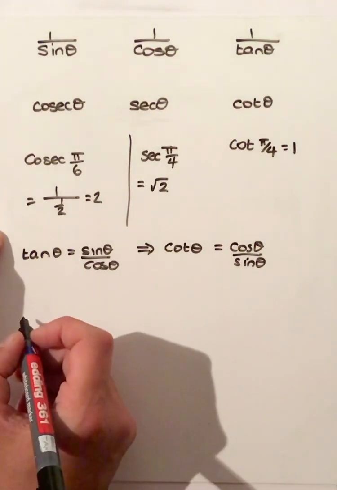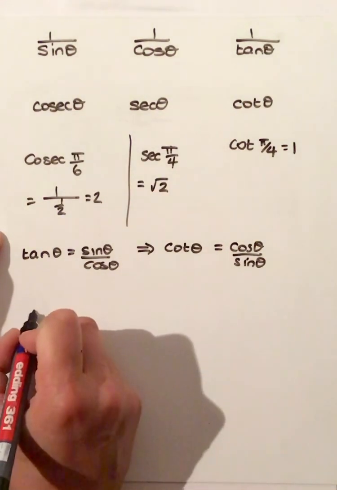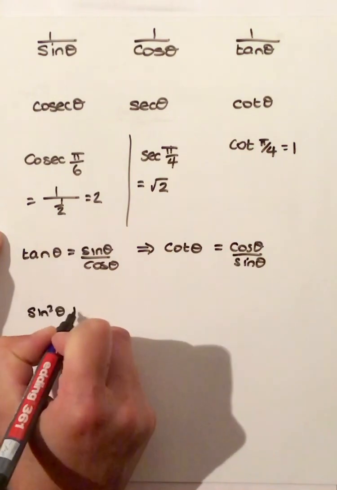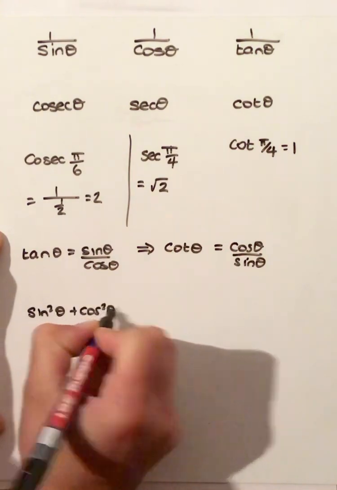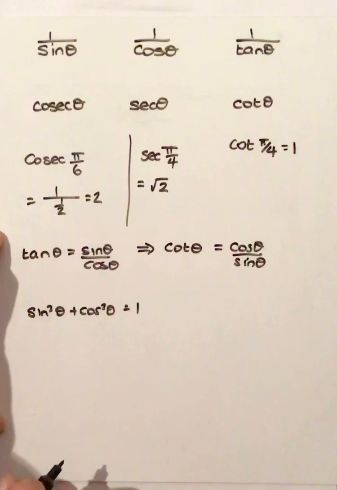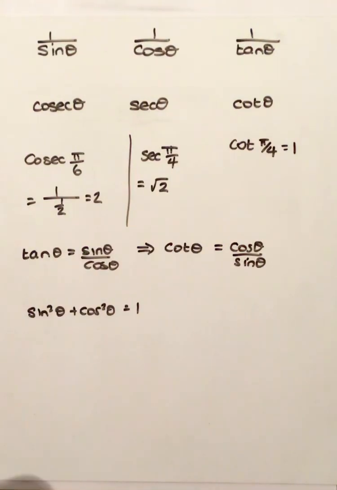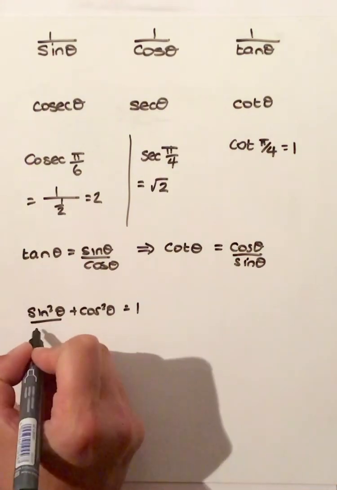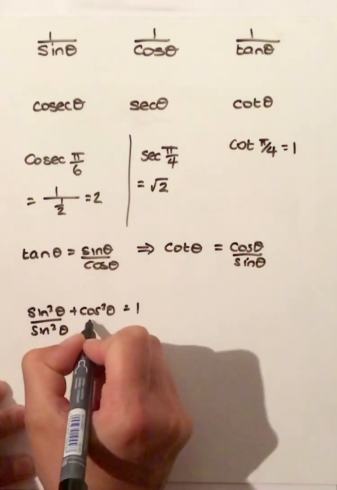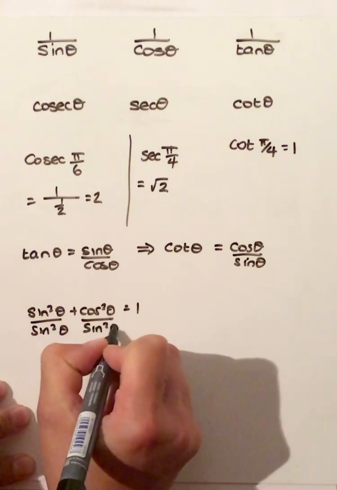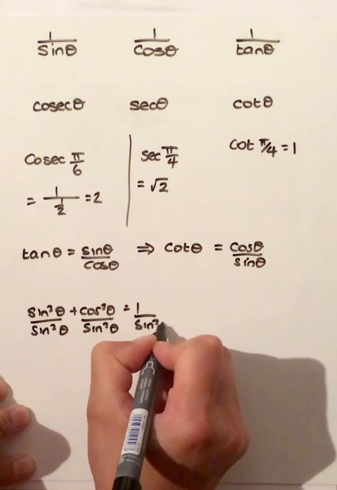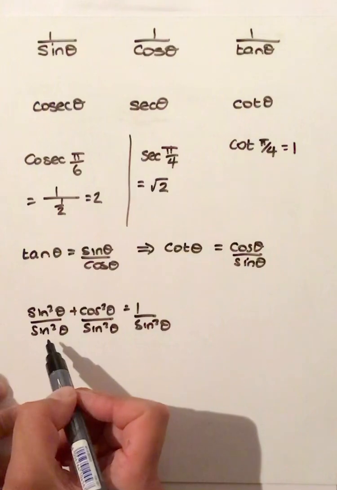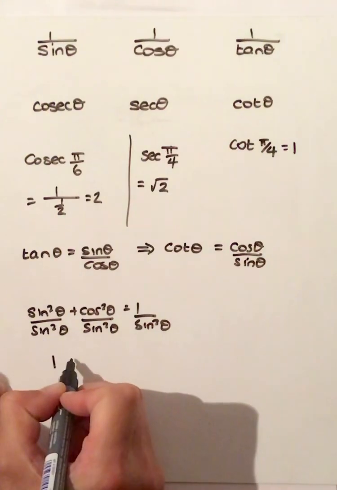The second identity that we know from year 12 is that sine squared theta plus cos squared theta equals 1. And to get our corresponding reciprocal identities, we're first going to divide all of this by sine squared theta. And that gives us sine squared over sine squared, which is 1.